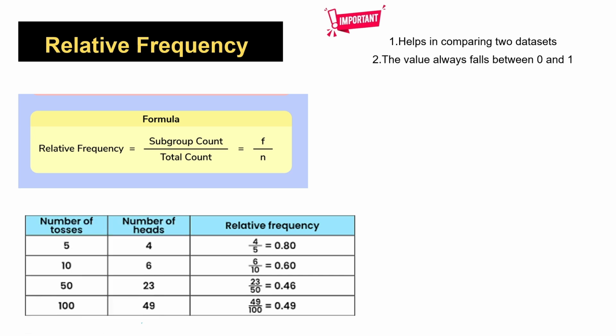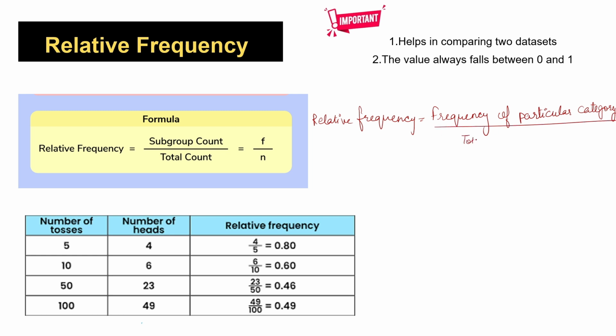So what do we mean by relative frequency? Relative frequency is equal to the frequency of a particular category upon the total number of observations.